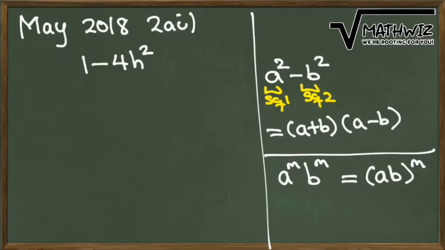Okay, so what are we going to do for this? Well, the first thing I want us to do is to change everything to squares, because right now I'm not really seeing the difference of two squares clearly. So I'm going to express the 1 as 1 squared, and we know that 1 squared is just saying 1 times 1, which is 1.